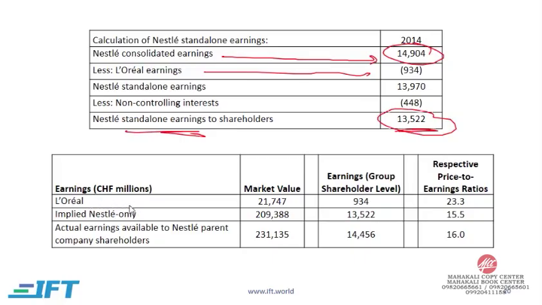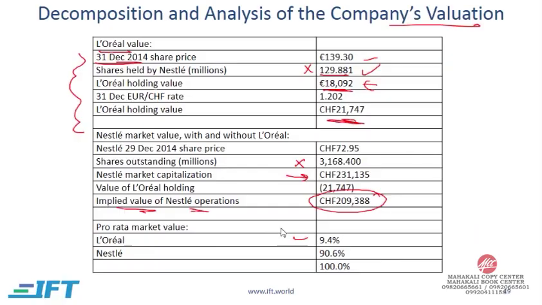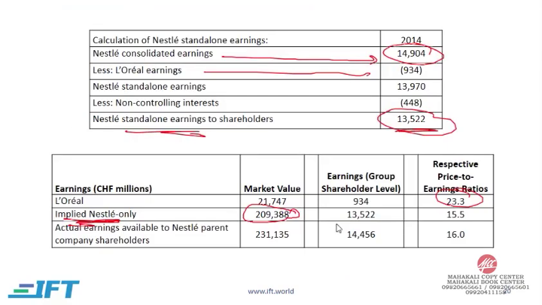Notice that with L'Oreal, market value divided by earnings gives a fairly high PE ratio. Implied Nestle only. So this is the market value of Nestle only, which we found over here. This is the earnings of Nestle only, which we found over here. So the PE multiple is 15.5.